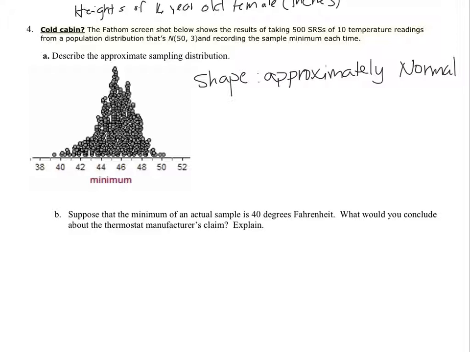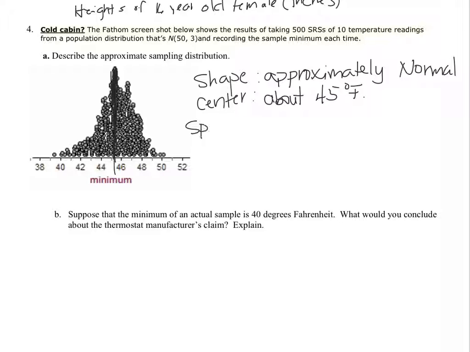Right, the center. So we look to where the center of the distribution is, where the peak is. Go straight down. You can see it's somewhere about 45 degrees Fahrenheit. And let's see, the values vary.